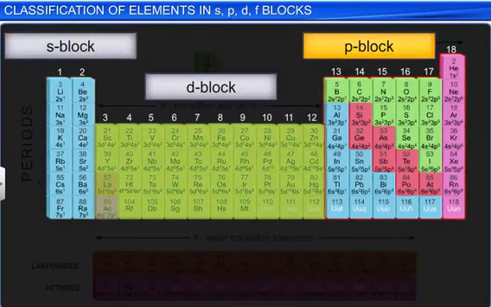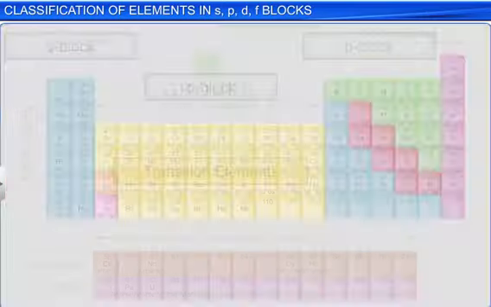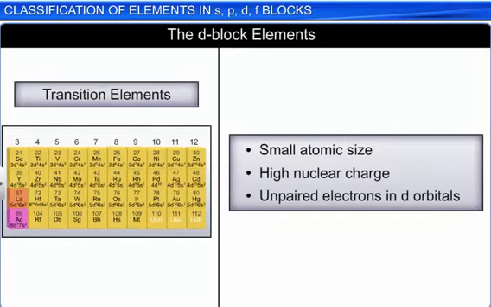Small size of atom, high nuclear charge, and unpaired electrons in d orbitals impart characteristic properties to the transition elements. These properties are: all the transition elements are metals, and they exhibit variable oxidation states.